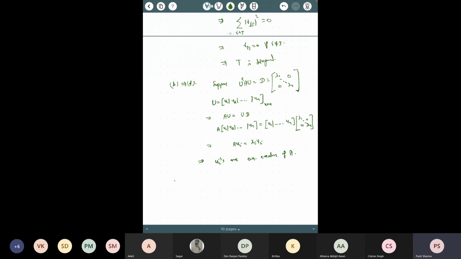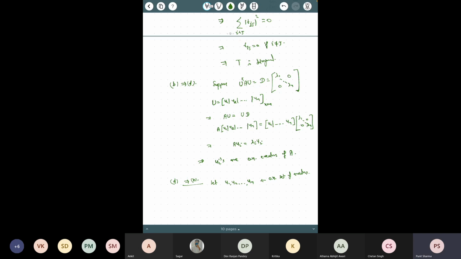Okay. Now we have to prove D implies B. Suppose A has n orthonormal eigenvectors. How do we show that A is unitarily diagonalizable? So what is given? We are given these n eigenvectors, an orthonormal set of eigenvectors.